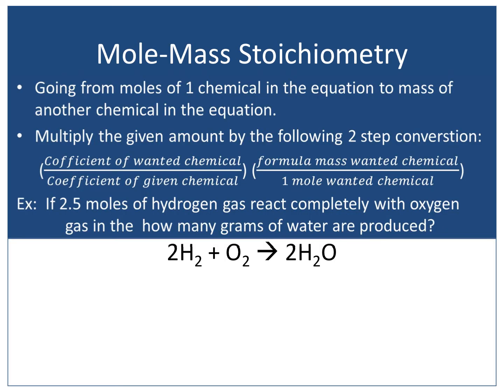Very, very similar to mass to mole is mole to mass. It just means I'm starting somewhere different. Here, I'm going from moles of one chemical to mass of another chemical. All right.